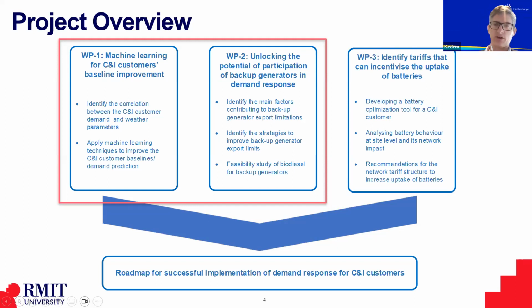In a nutshell, that may mean that a given energy user who wants to participate in demand response may be able to double their capacity and increase the consistency of what they can deliver, because it becomes less about the load on site, which can change from daytime to nighttime or from morning to afternoon, and more about the generator's capacity to deliver energy into the grid.